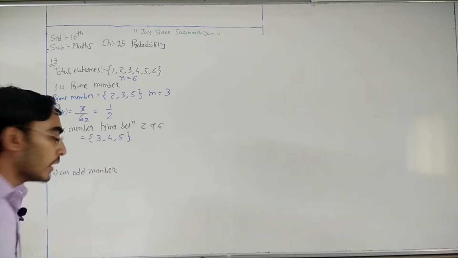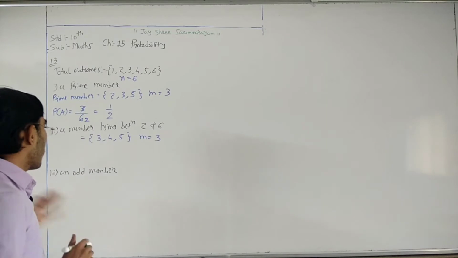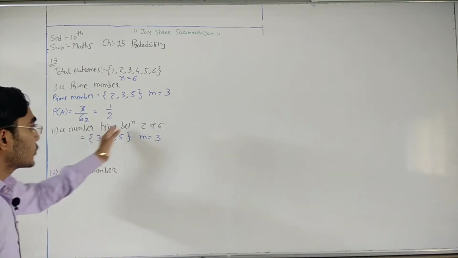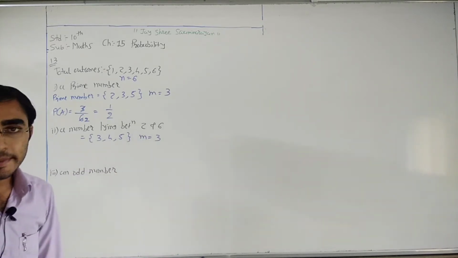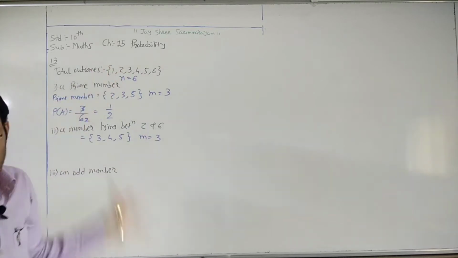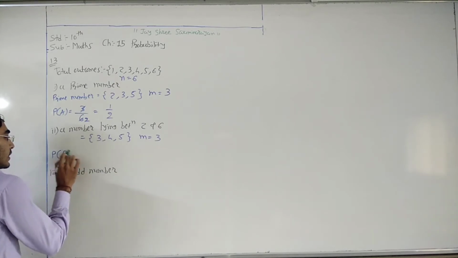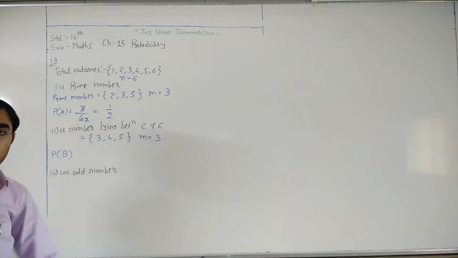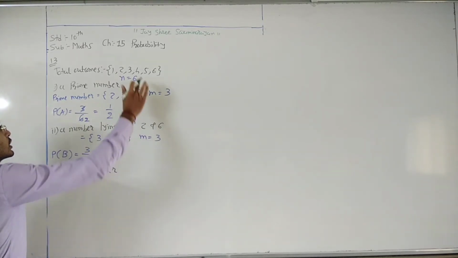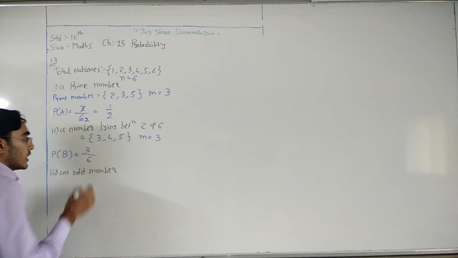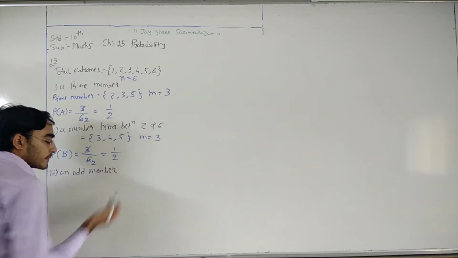So our favorable outcomes m is equal to 3, and total number of outcomes remains the same, n is equal to 6. So probability of event B, a number lying between 2 and 6, is favorable outcomes 3 divided by total outcomes 6. Again 3 2s are 6, so 1 divided by 2.